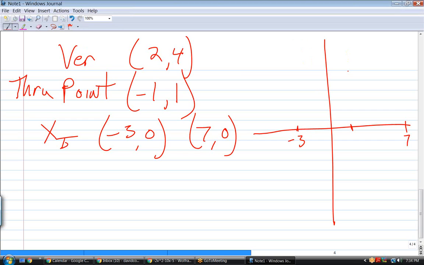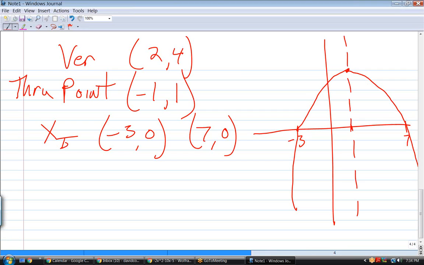Because the vertex is always symmetrical with respect to the x-intercepts. In other words, if I want the line of symmetry, it has to be halfway in between the x-intercepts. Well, halfway between minus 3 and 7 is 5, so I got to be 5 units to the right of minus 3 and 5 units to the left of 7.